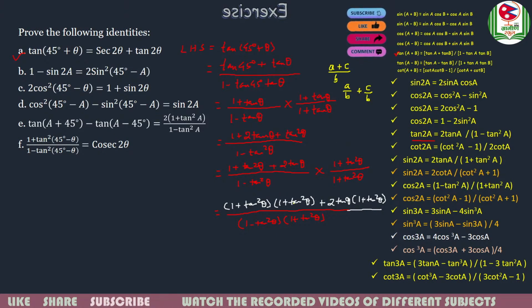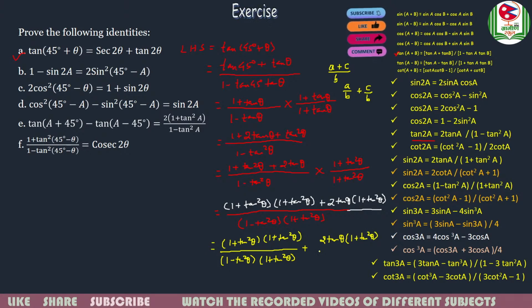In the same way, we write this expression: (1 + tan squared θ) into (1 + tan squared θ) divided by (1 − tan squared θ) into (1 + tan squared θ), and in the same way 2 tan θ into (1 + tan squared θ) upon (1 − tan squared θ) into (1 + tan squared θ).